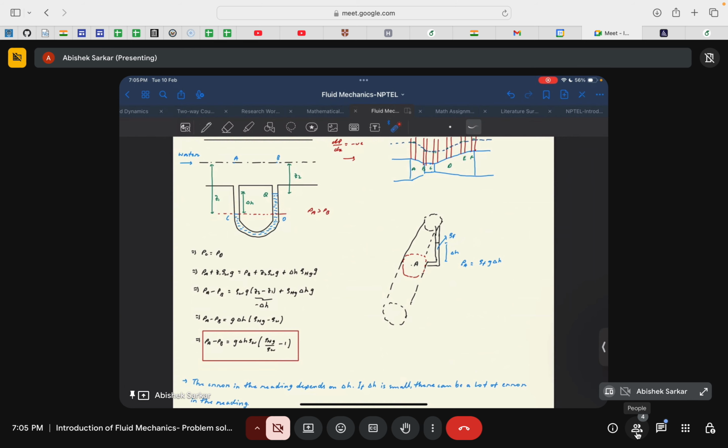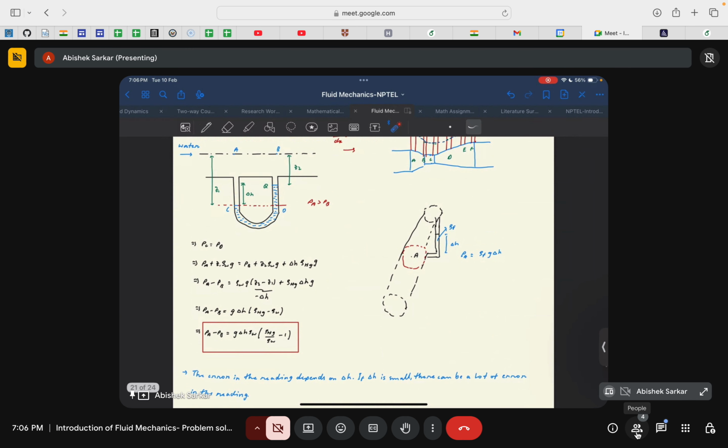I'm not considering it to be oil or anything else, so the liquid remains the same. So the pressure at point C and the pressure at point D would be the same. These are the conditions we need to specify before imposing this equation: PC equal to PD.